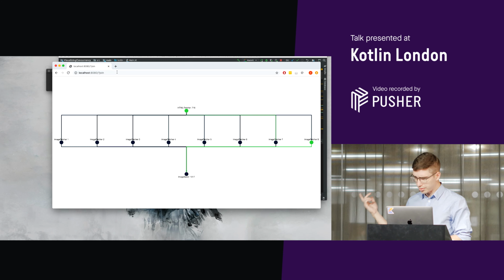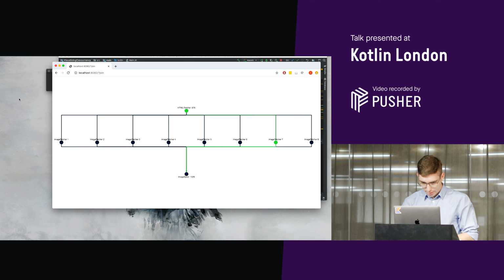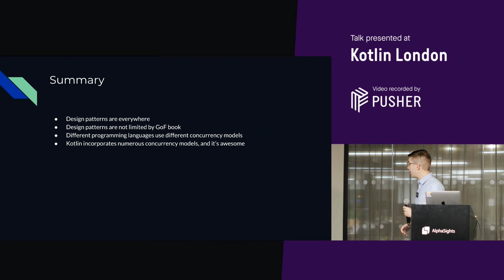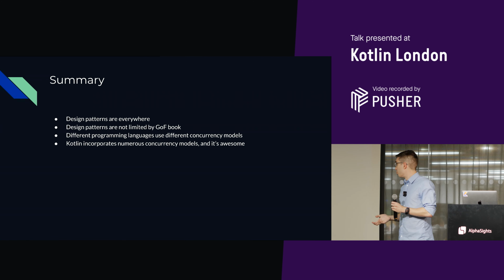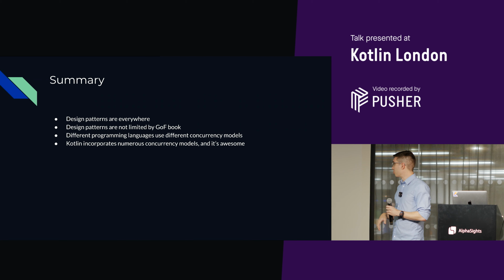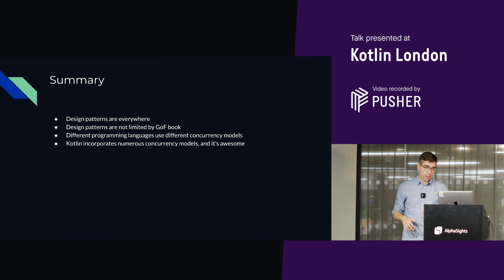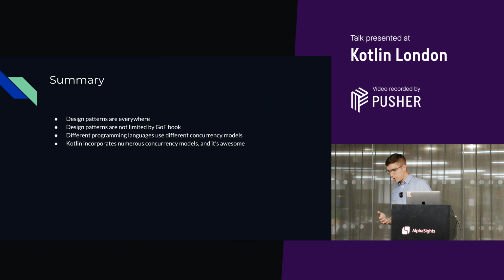All those examples are available, so you can run them later. OK, so to summarize, design patterns are everywhere, even though you may not be aware of them. They are not limited to the Design Patterns book. Different programming languages use different concurrency models.